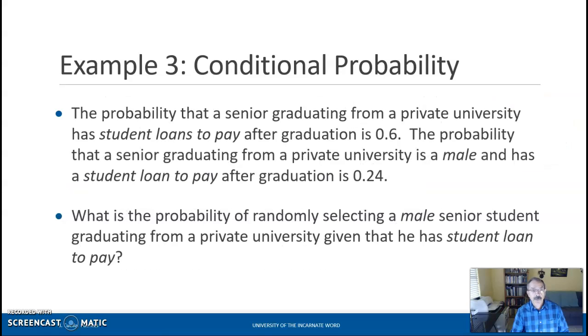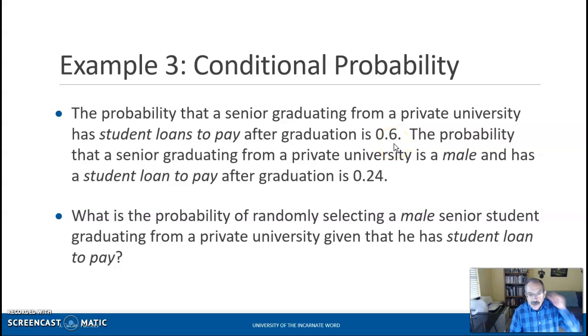Here's another example. In this case, again, we're not using a contingency table, nor are we using a situation where we can use a theoretical probability, but instead we're going to use the relative frequency probability. So the probability that a senior graduating from a private university has a student loan to pay after graduation is 0.6.